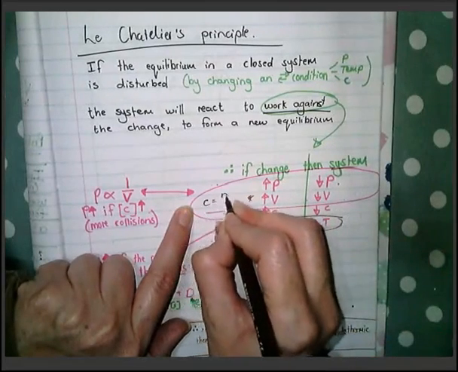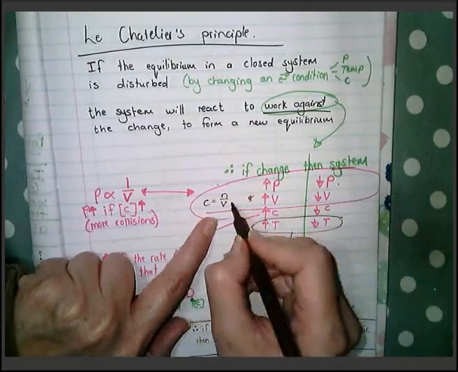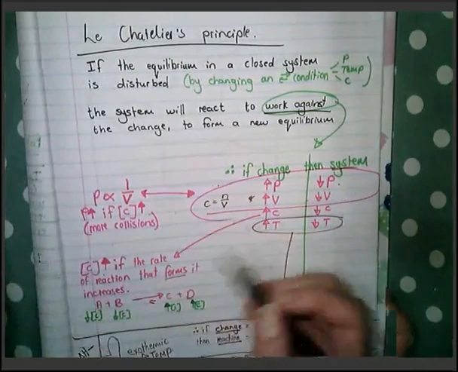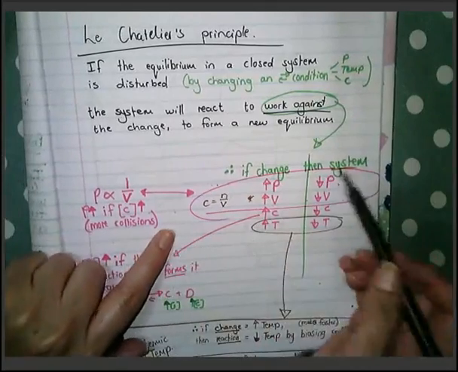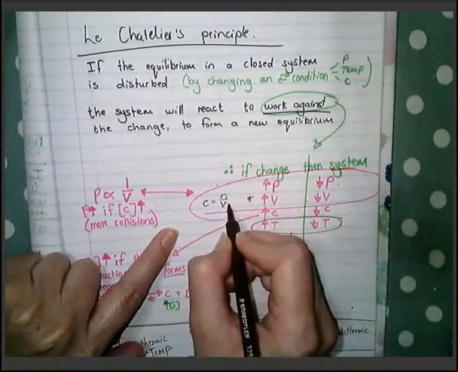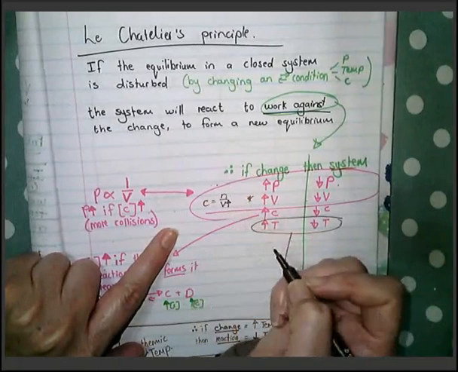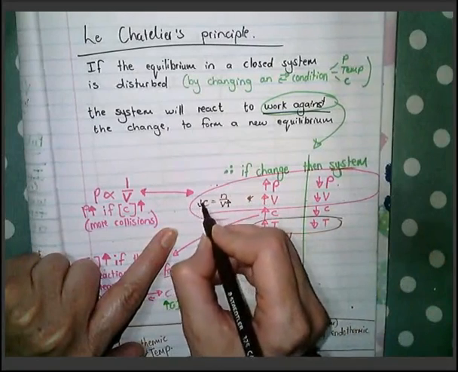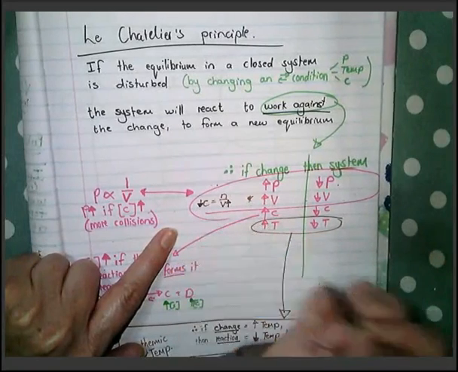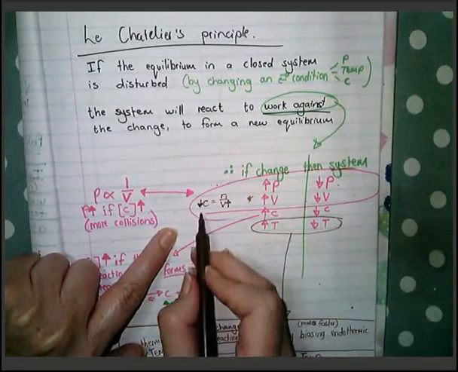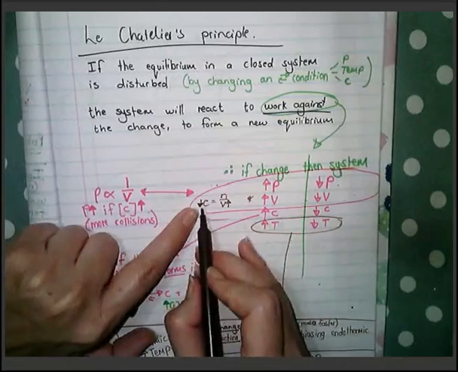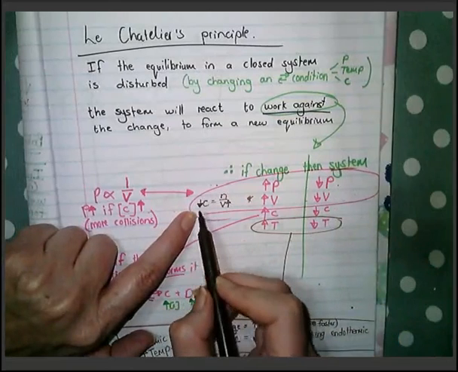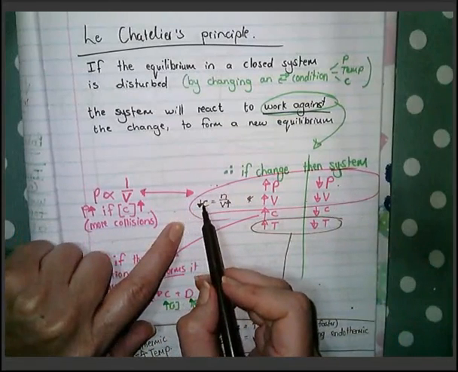But C is equal to n over V. So what's actually the problem for the system is that if you increase the volume, because volume and concentration are inversely proportional, you are decreasing the concentration. So what the system will do is work against that decrease in concentration by increasing the concentration again.